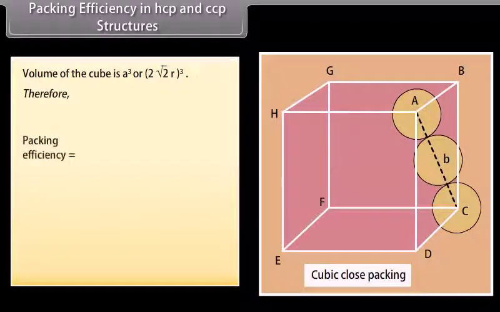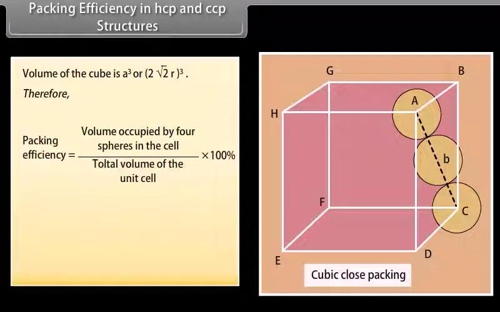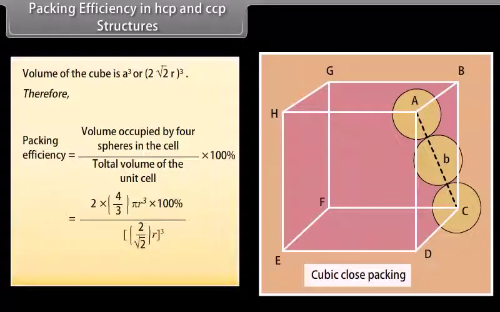Therefore, packing efficiency is equal to volume occupied by 4 spheres in the cell into 100 upon total volume of the unit cell, which is equal to 4 into 4 upon 3 pi r cube into 100 upon (2 square root 2 r) cube, which is equal to 74%.